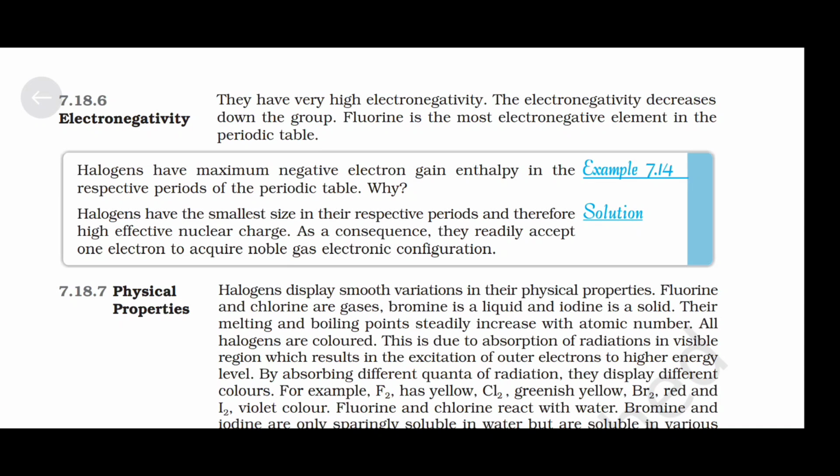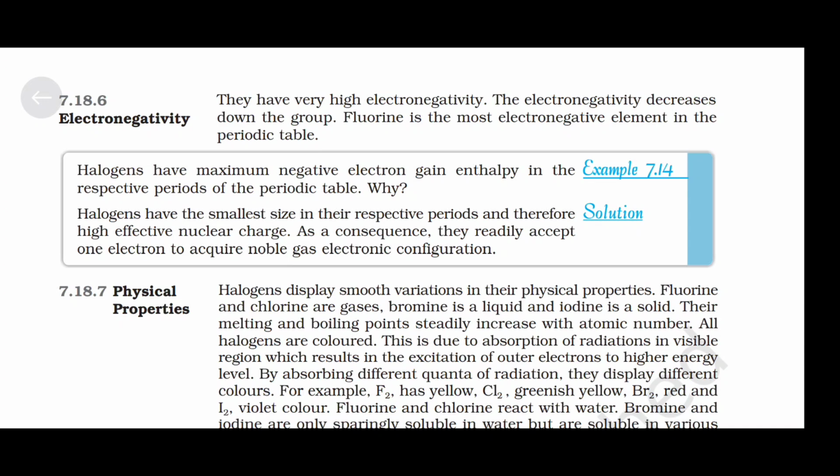Why? The answer is halogens have the smallest size in their respective period and therefore high effective nuclear charge. As a consequence, they readily accept one electron to acquire noble gas electronic configuration.